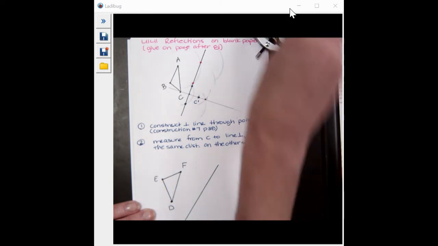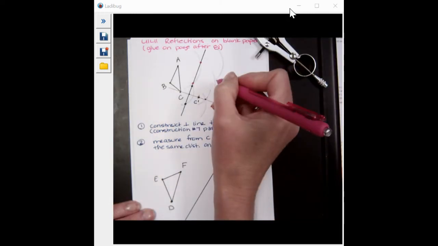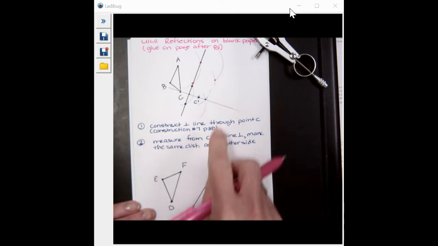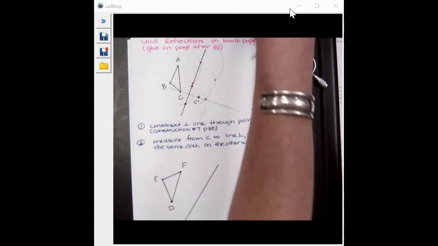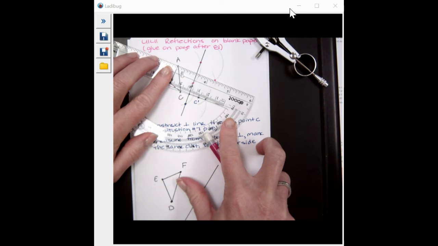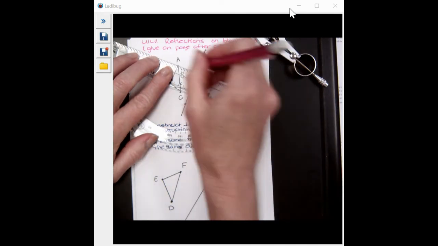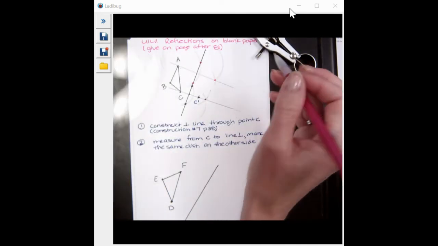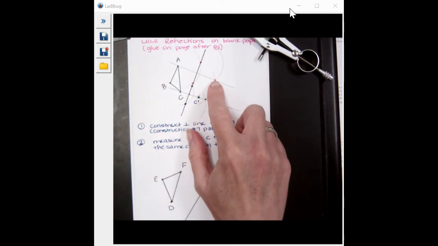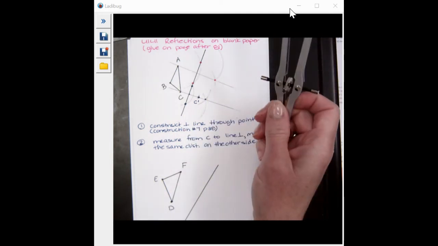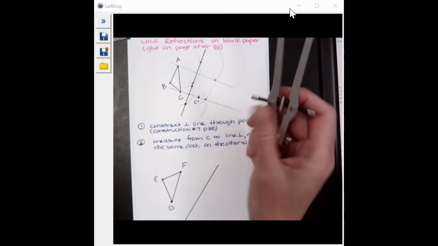Now, this intersection point is step one. I really just found my perpendicular line. So this is me finding my perpendicular line that A prime is going to be somewhere on. Now, unlike the first time when I did C prime, this is actually going to be A prime. This is a shortcut because I didn't change my compass measurement. So I want to show you how that works.